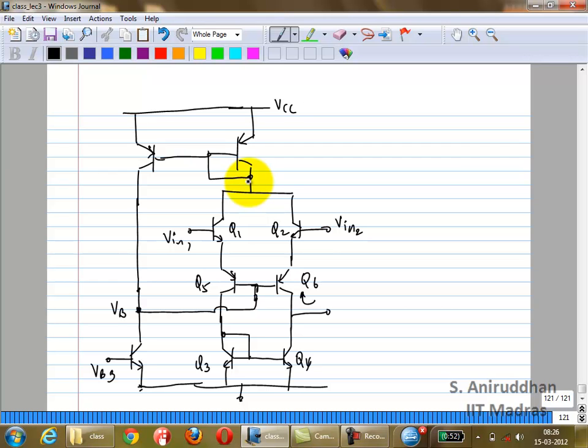So now you have added the feedback loop. Let me number these again: Q6, Q7, Q8. What you'll find is I7 equals I8 equals I1 approximately.